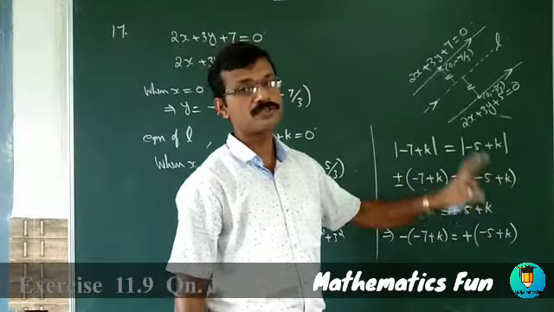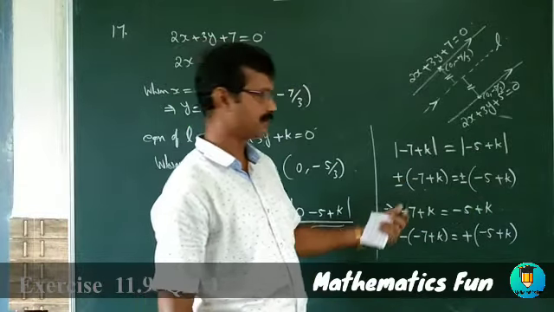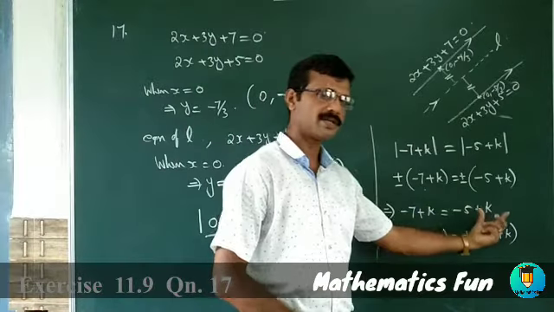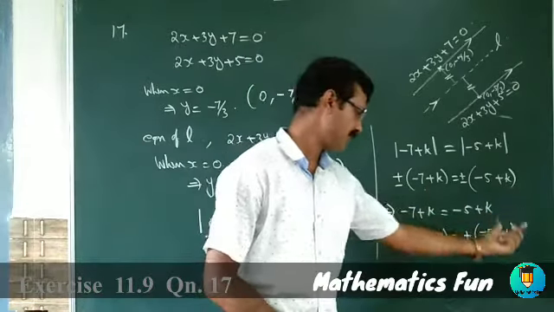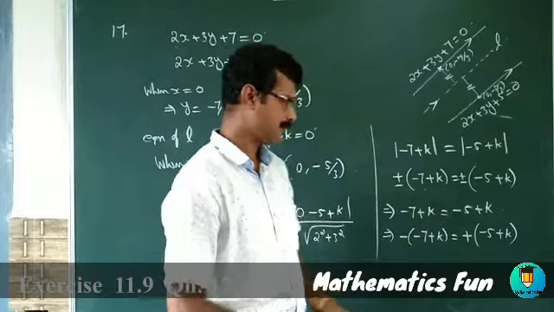Out of the 4 possibilities, 2 will repeat. So ultimately there are two cases: plus with plus, and plus with minus.